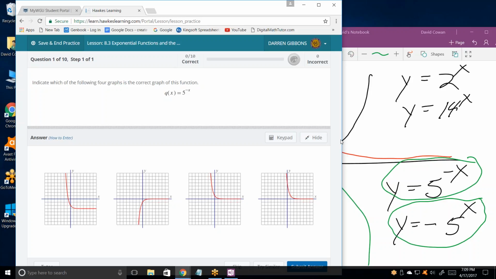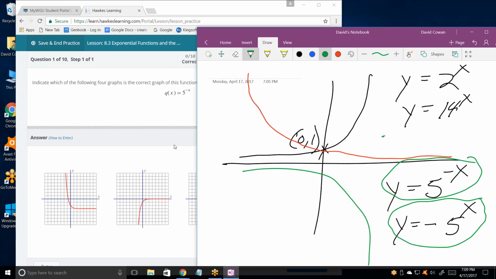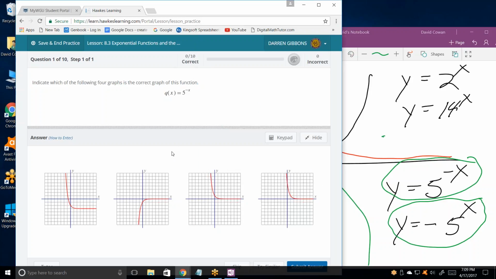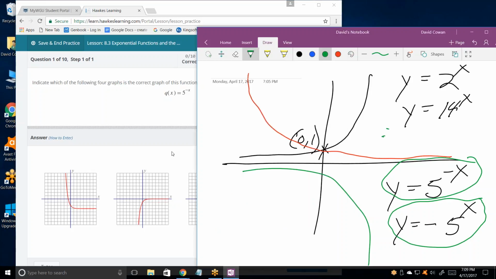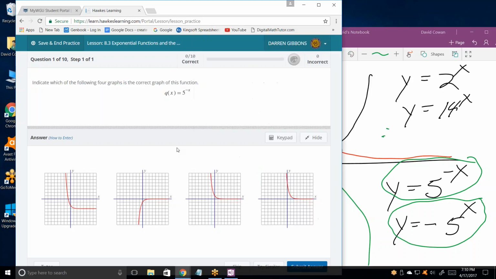So, what graph is my red line? It's got to be the third one. Either the third or the fourth. It's the third because it's got to go through that point, (0, 1). And the third one goes through that point.